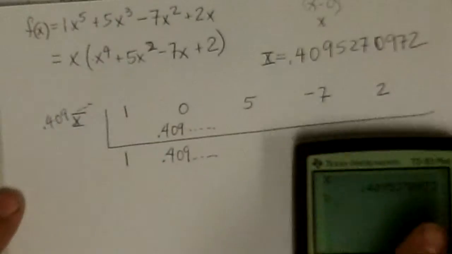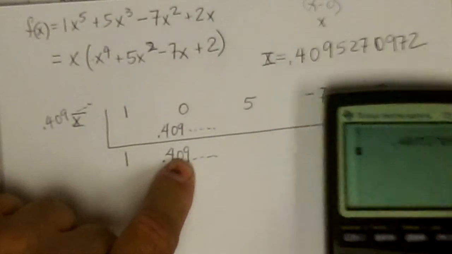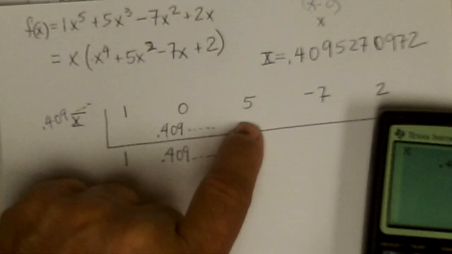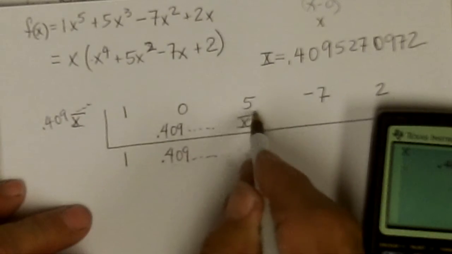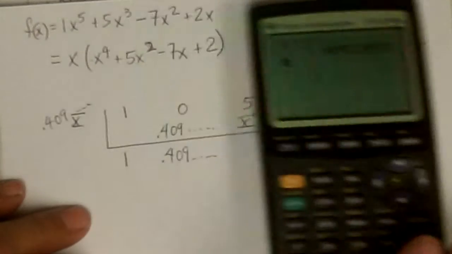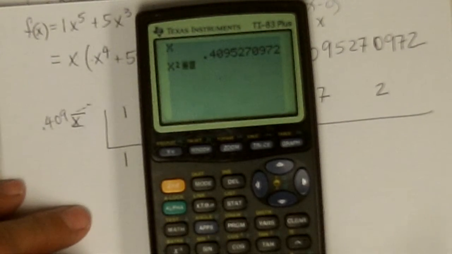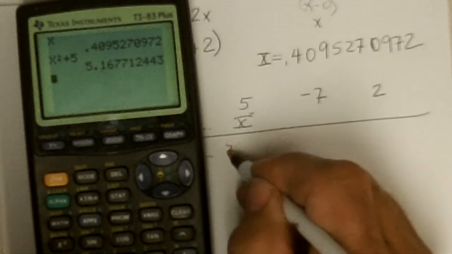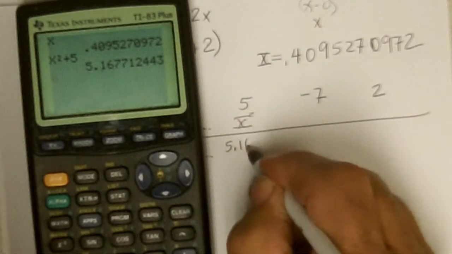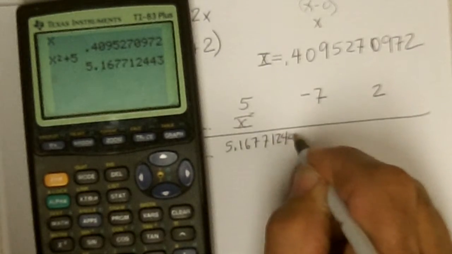So I've got to take x squared, what my calculator has memorized as x squared, and put it there and add 5 to get this next number. So I'll just write x squared there, and I'm going to add 5 to it. So I'm going to take x squared plus 5, and I get the number that goes there. That's 5.167712443.